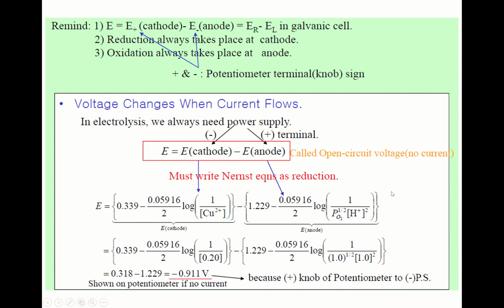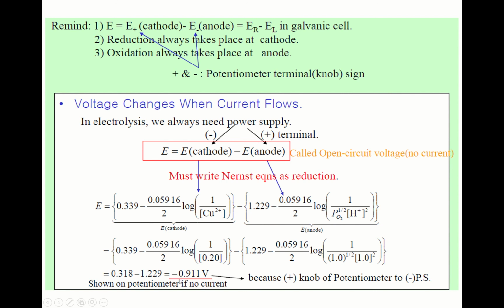So you substitute the values, and you get this. This part is 0.318 volt, and this part is quite positive, 1.229 volt. Since you have to subtract, you get finally minus 0.911 volt. This is a negative sign.